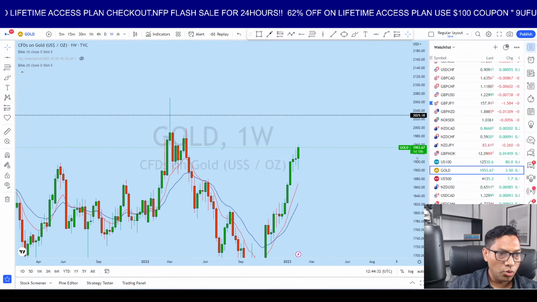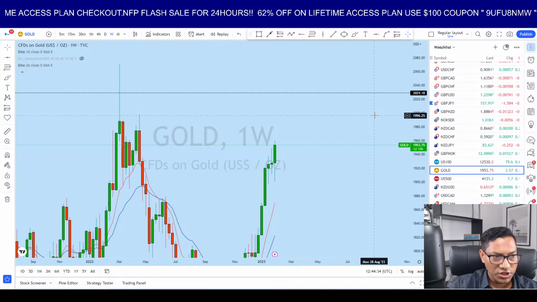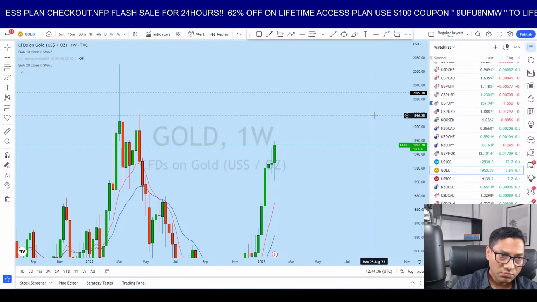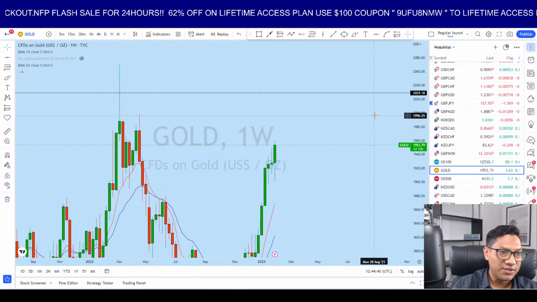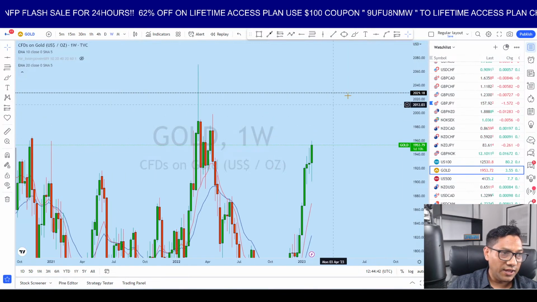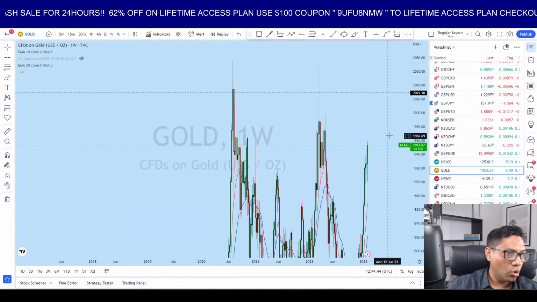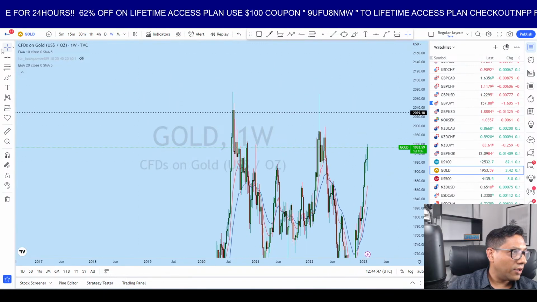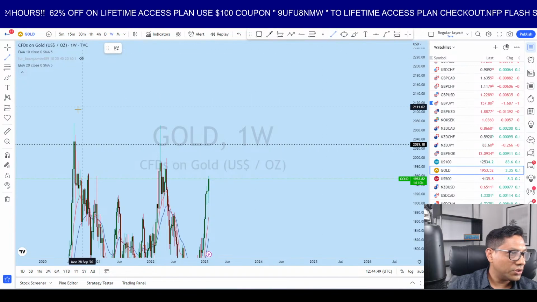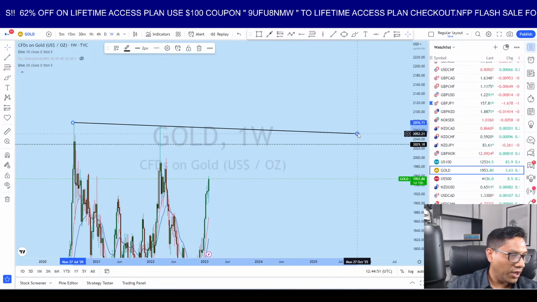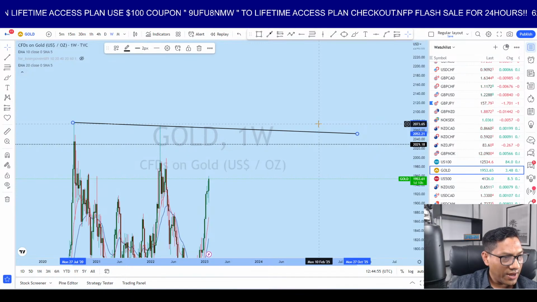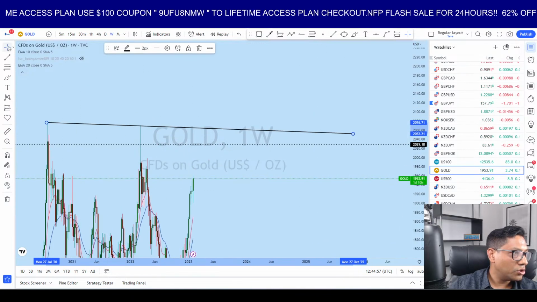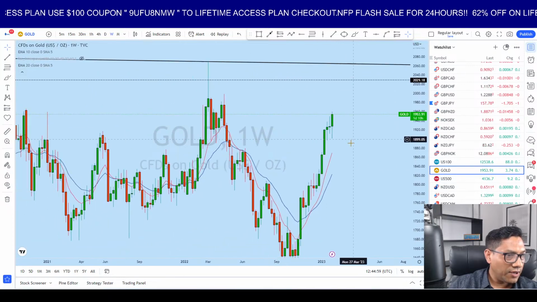Okay, so that means 2029 is the price. 2029 is what I think gold is going to hit, or in the best case we could see gold even hitting this resistance level.